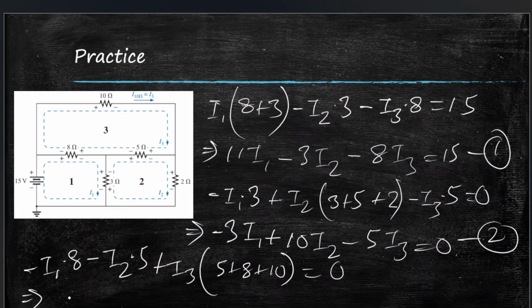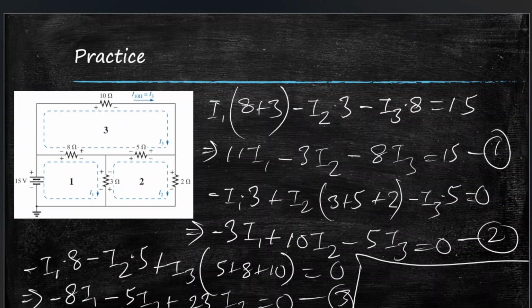Okay, let's simplify this. So minus 8 I1 minus 5 I2 plus 23 I3 is equal to 0. That's equation 3. Okay, write the answers here.